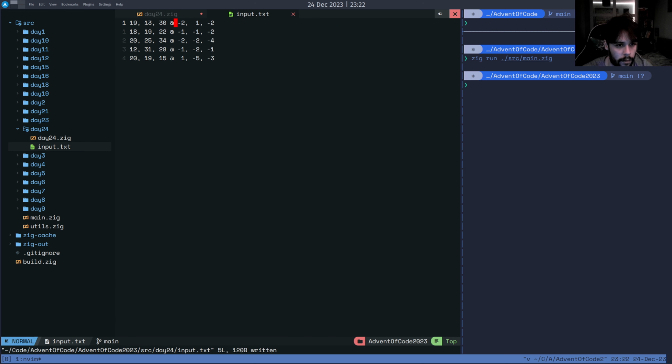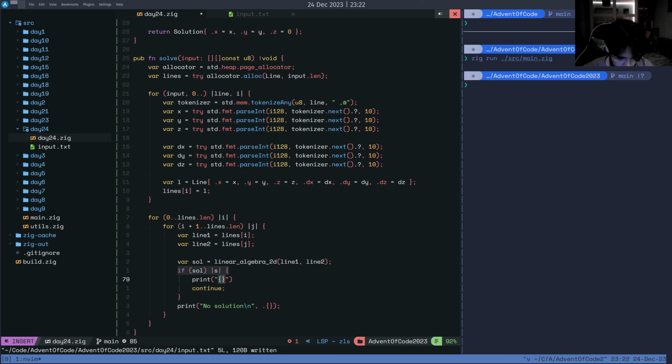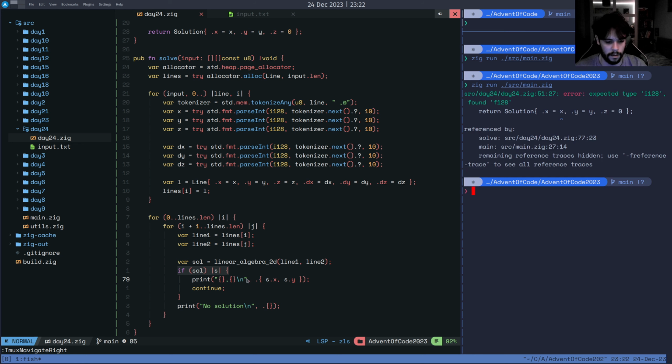No, oh god, not you. Prints x, y, new line, s dot x, s dot y. And this is where we see if we did our maths correctly or not. What's this, what's this, what's this?